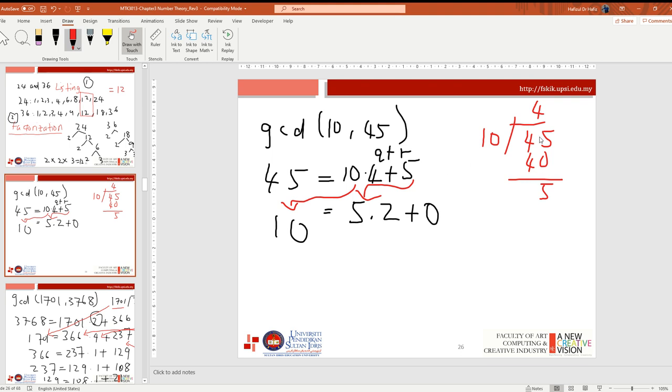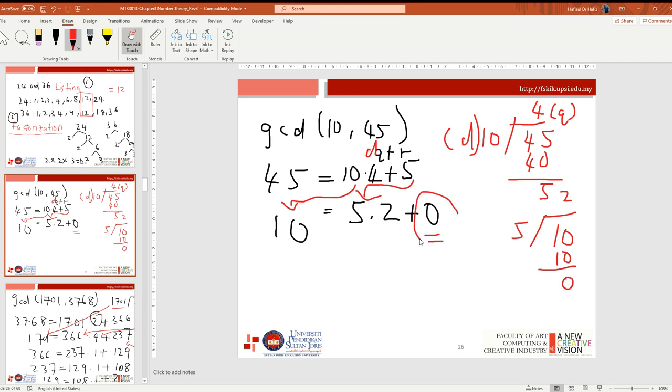This one, 4, is the quotient, and this one is the divisor d. Then we go again: 10 divided by 5 is 2, 10, we got remainder 0.